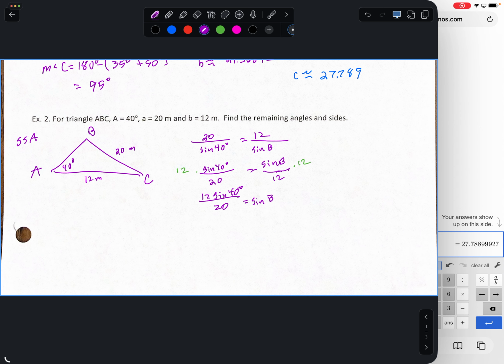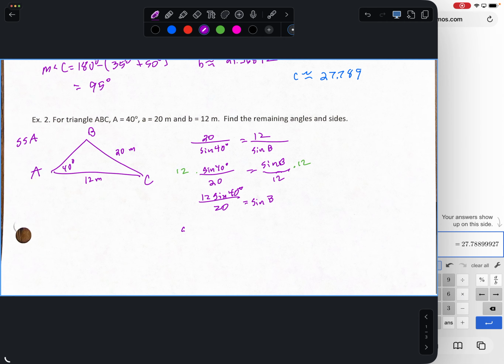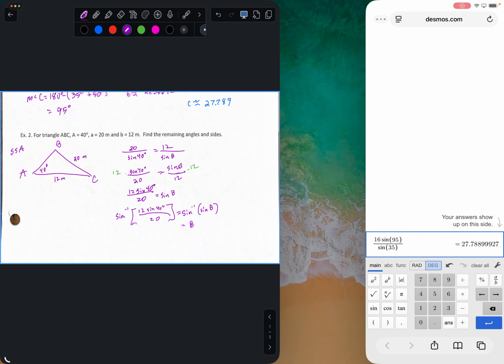But now we need to find the angle, and that's an inverse trig function. You need to take the inverse sine of this in order to find the measure of angle B. So make sure your calculator is in degrees.